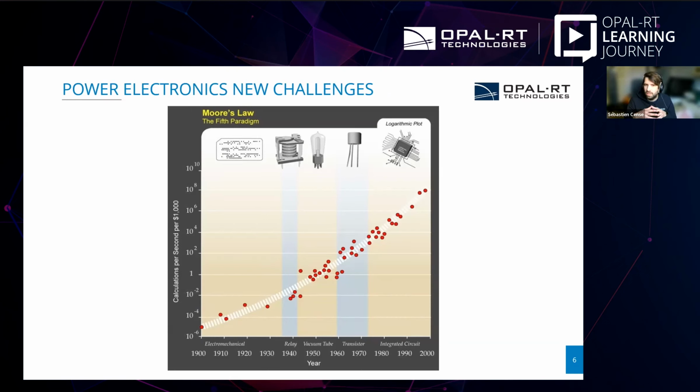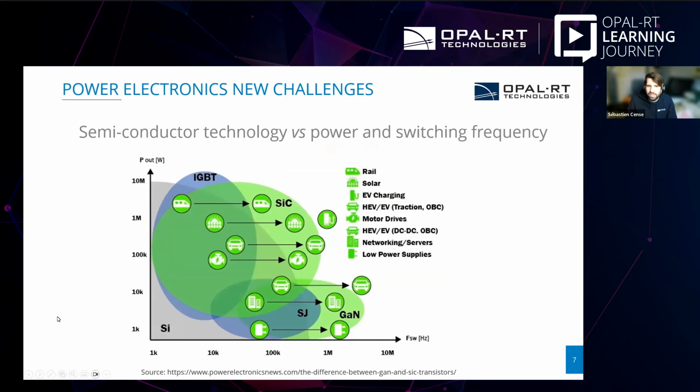That transition in microelectronics obviously impacts power electronics in some ways. We have seen the same kind of transition for power electronics, where for the same level of power, now with the new semiconductor technology, we are capable of switching at higher frequency. And in the car industry, this is very interesting because it opens doors to topologies that we couldn't really use in the past for this level of power.